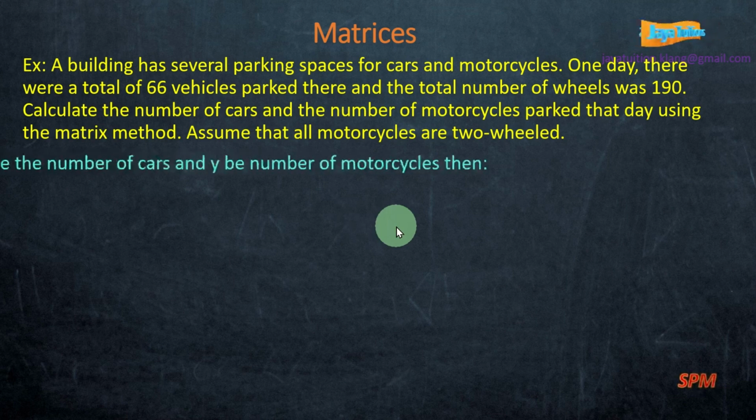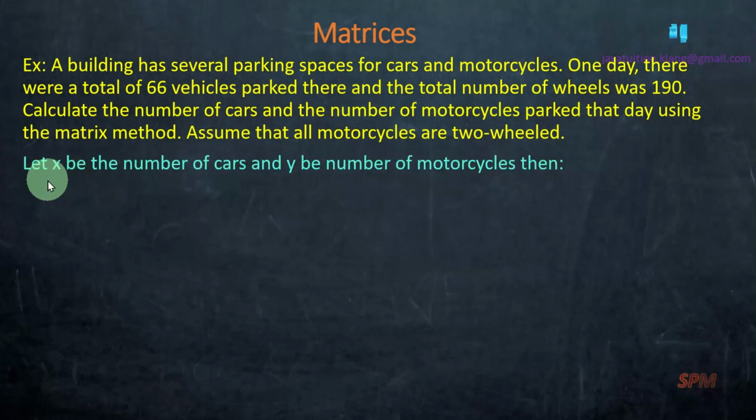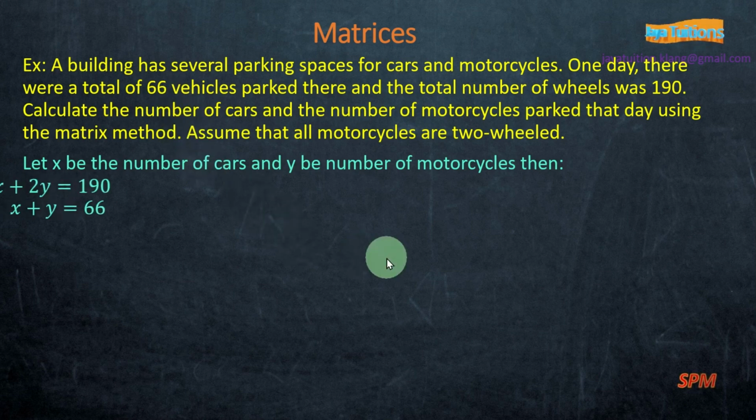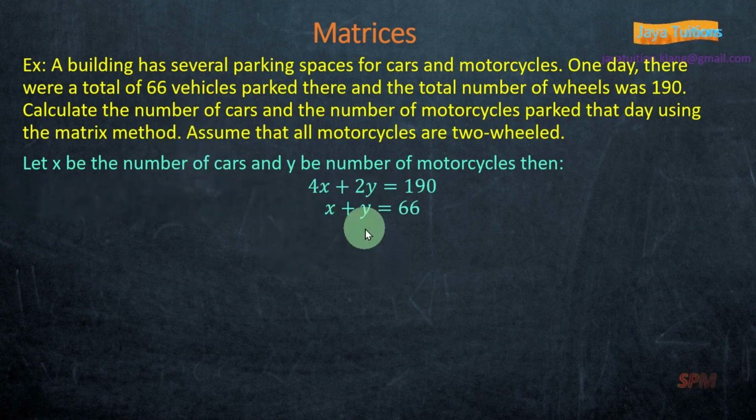Now let us assume that the number of cars is equal to x and the number of motorcycles is equal to y. Since there are a total of 66 vehicles, we can say x plus y will be equal to 66. And there are four-wheelers as well as two-wheelers.